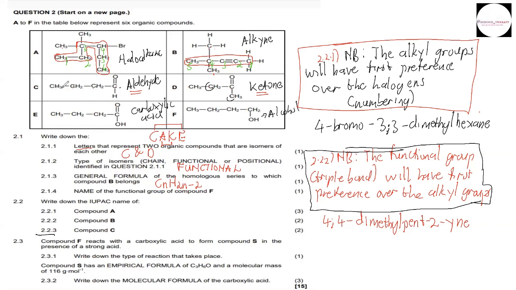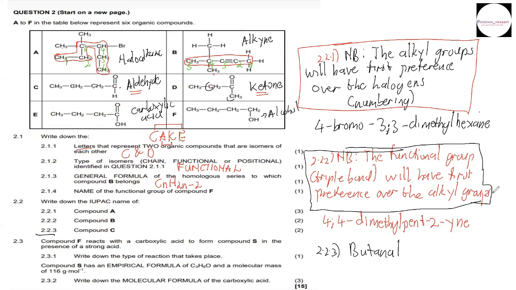So all you have to do is count the number of carbon atoms. There are 4. So for compound C in 2.2.3, we have butanal. Just like that, 4 carbon atoms, that's but. And then, okay, we are done with the IUPAC names.